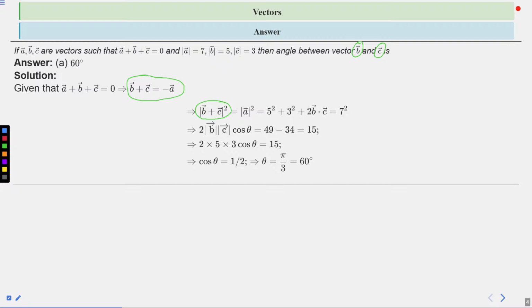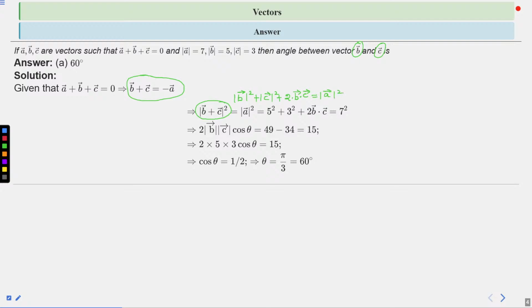Solving this, we will get mod of B vector square plus mod of C vector square plus 2 into B vector dot C vector, equal to mod of A vector square.